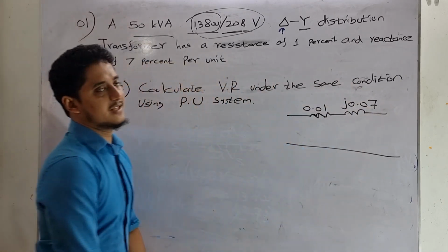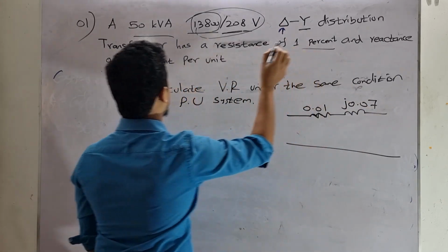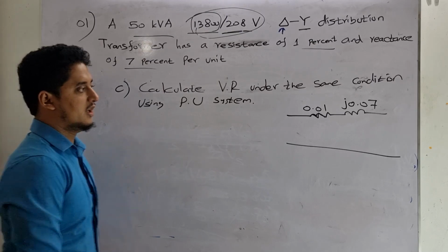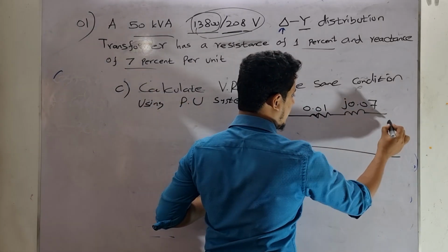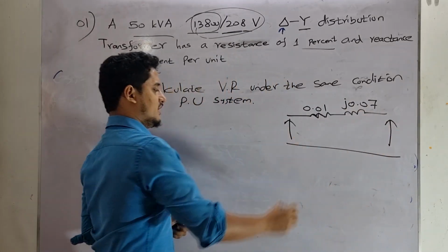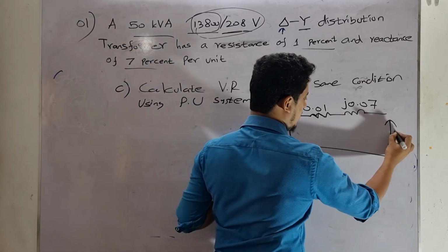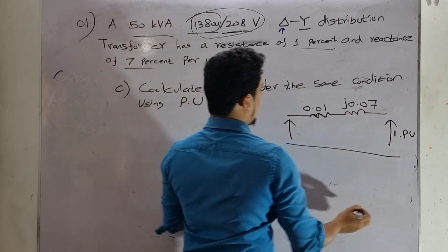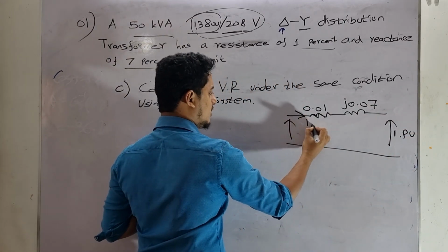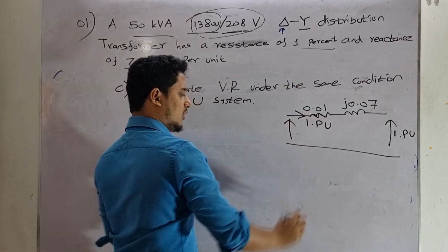Yeah, resistance 1% and reactance 7%. And this is the output voltage and this is the input voltage. So we are going to consider the output voltage. Output voltage is 1 per unit and current is also 1 per unit. Okay, 1 per unit current.